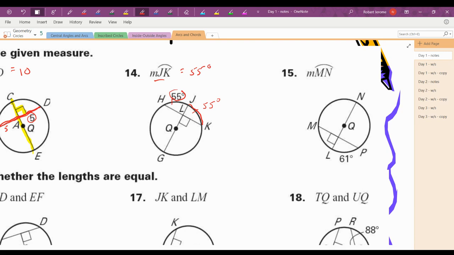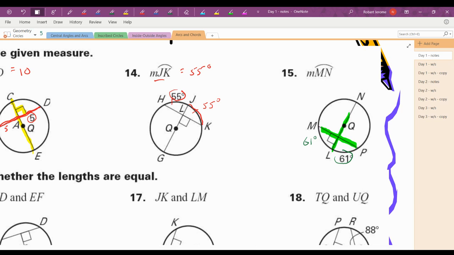Number 15, we're going to use the same thought process and add one little step. So using our explanation from 14, we have a diameter perpendicular to a chord, which means that we bisected the arc. So that's great. It's just not what we're actually looking for.